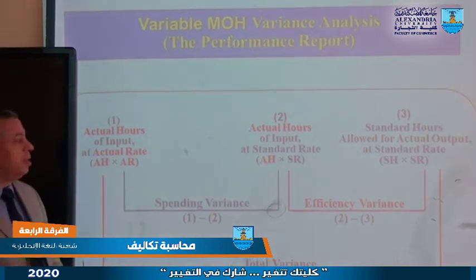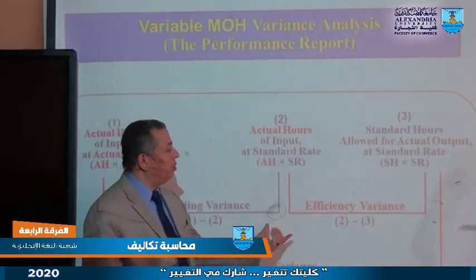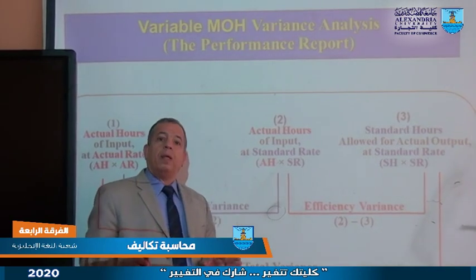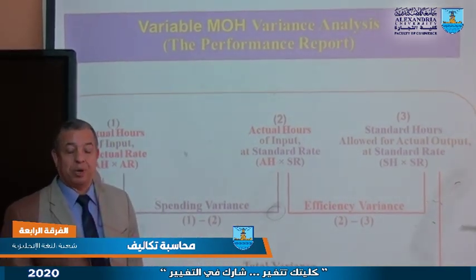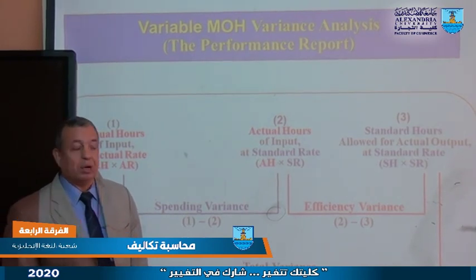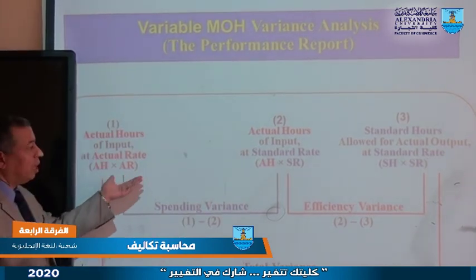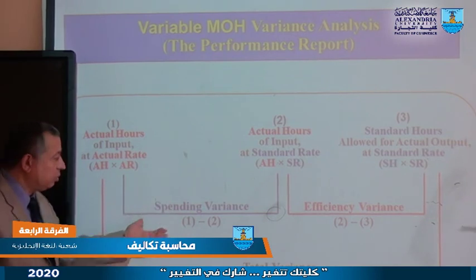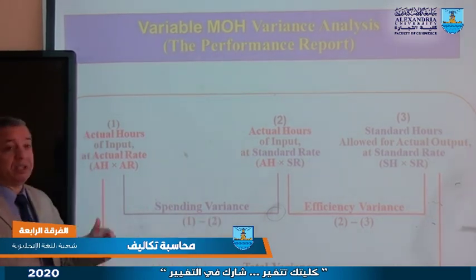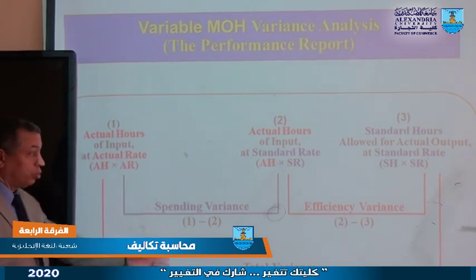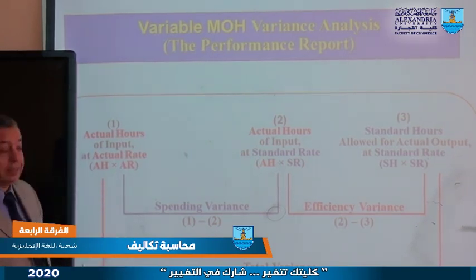From my point of view, it is not a problem for you to remember the performance report or equations, but your problem will be how to calculate the costs, how to calculate actual cost, how to calculate standard cost, and then how to calculate spending and efficiency variances, etc., for direct costs and for overhead.